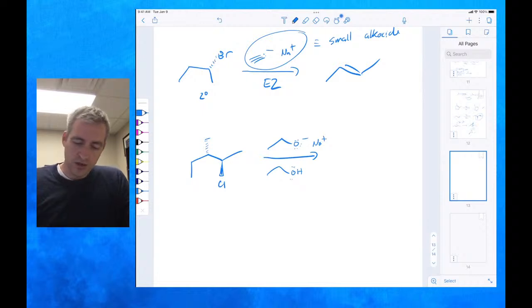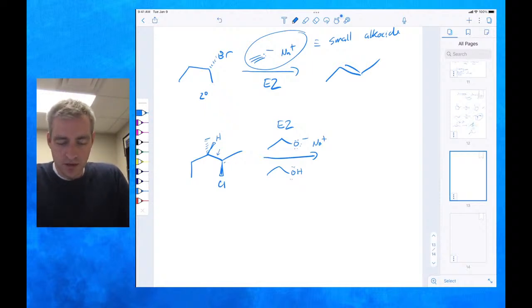It's going to be E2. It's going to be Zaitsev's rule, and so there's going to be a double bond generated there. What has to happen is that the chlorine, the leaving group, and the hydrogen, because it's E2, have to be anti to each other.